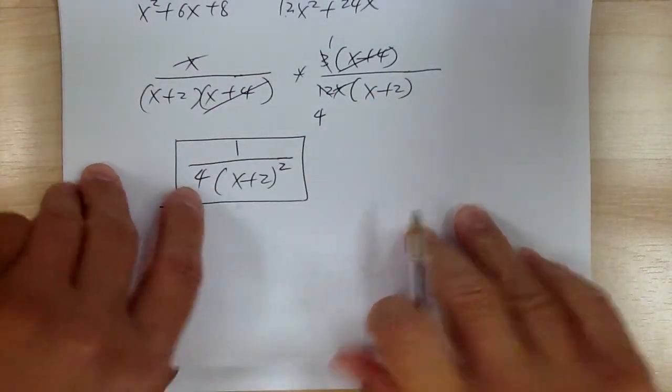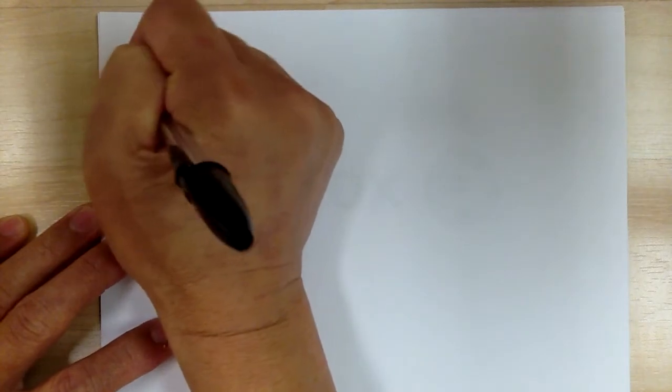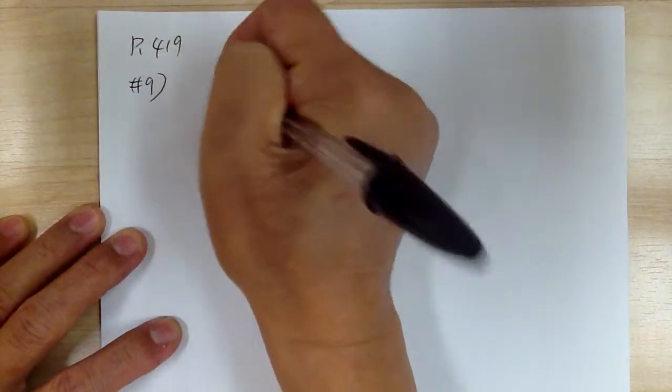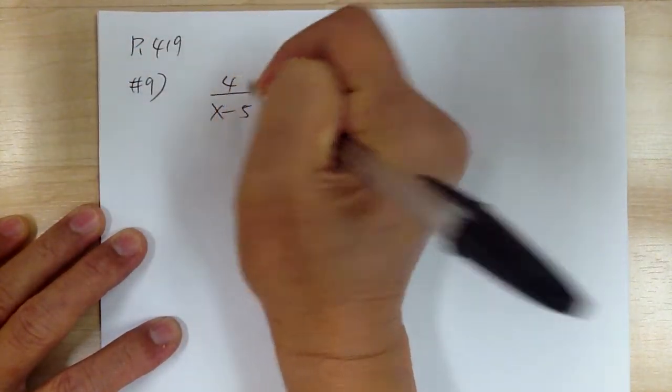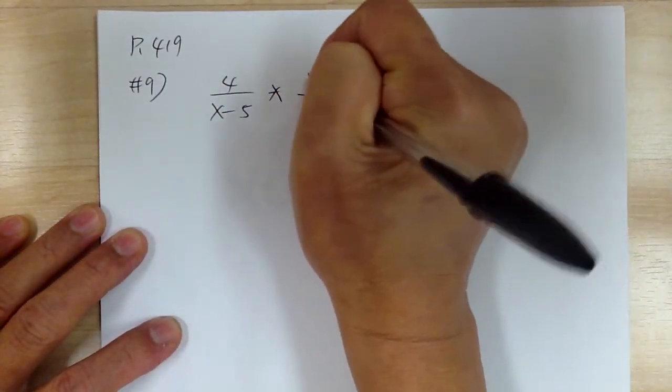Okay, let's go to number 9. You have 4 over x minus 5. Now it's a division, so you want to change it into multiplication and flip it upside down.